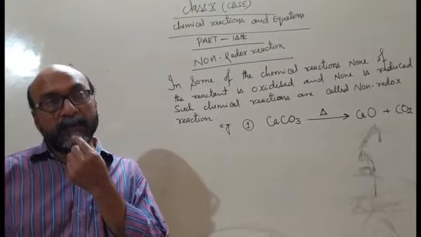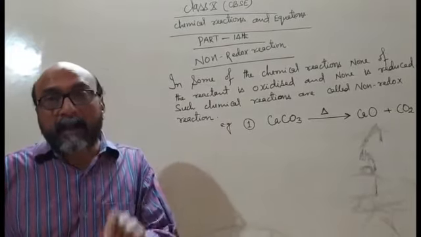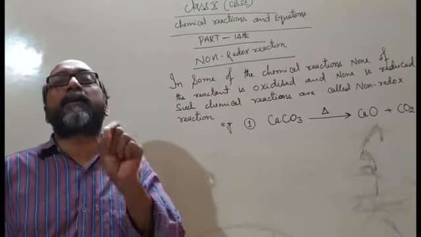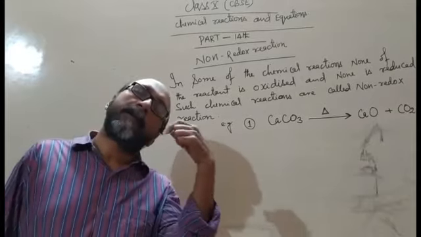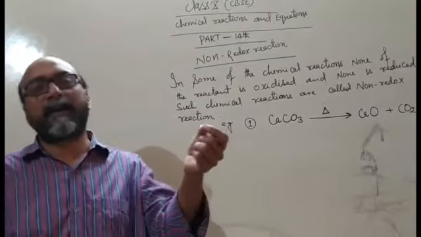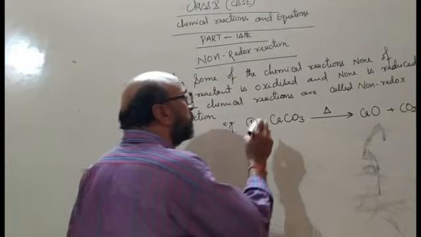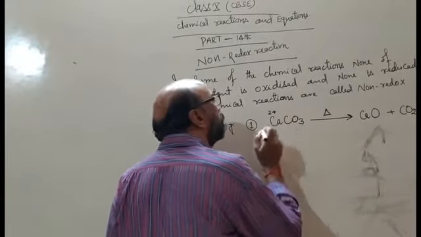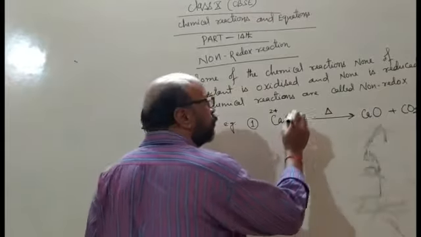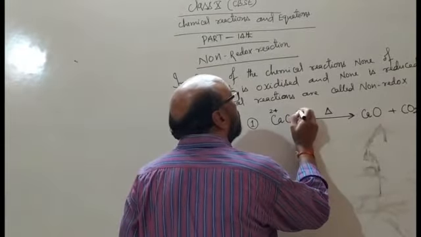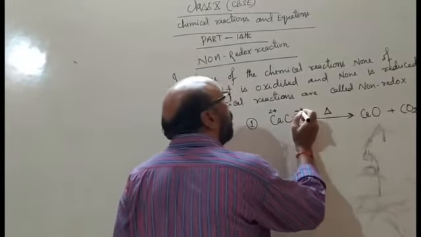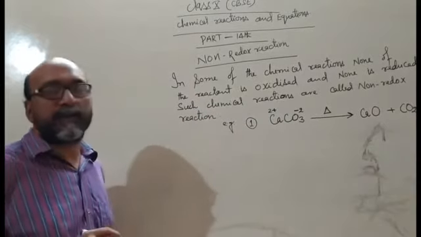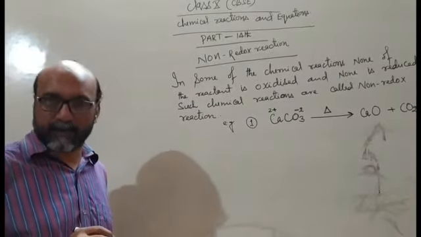Now, decide the oxidation state of each element in the reactant and the product. Calcium is an alkaline earth metal. Its oxidation state is +2. Oxygen in a compound or ion has an oxidation state of -2.